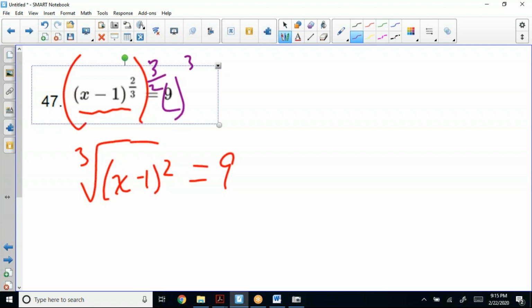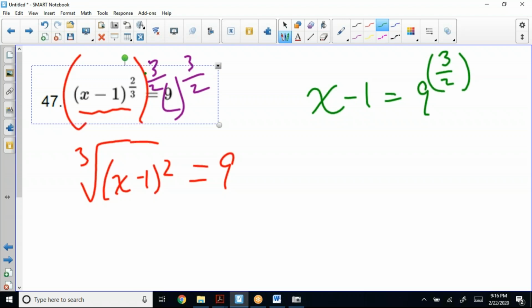And then over here, I'd have to raise 9 to the 3/2 power. So what that does is it gives me 2 times 3, which is 6, and 3 times 2, which is 6. 6 over 6 is 1. So it leaves me x minus 1 on the left-hand side, and then 9 raised to the 3/2 power, right?